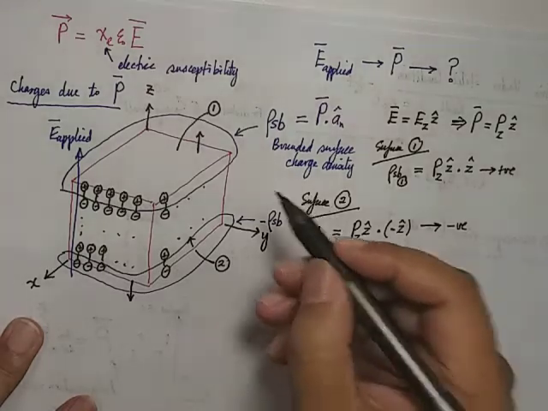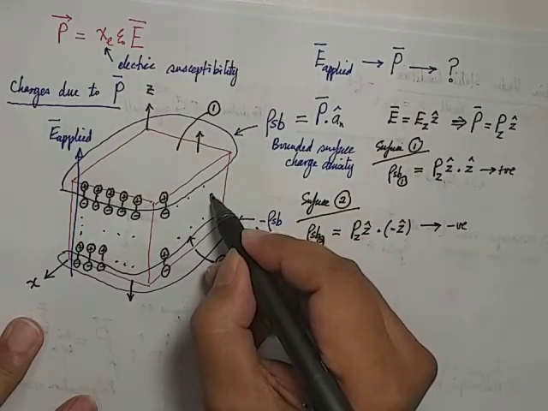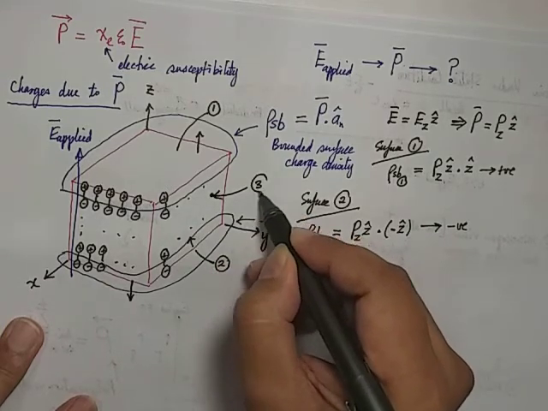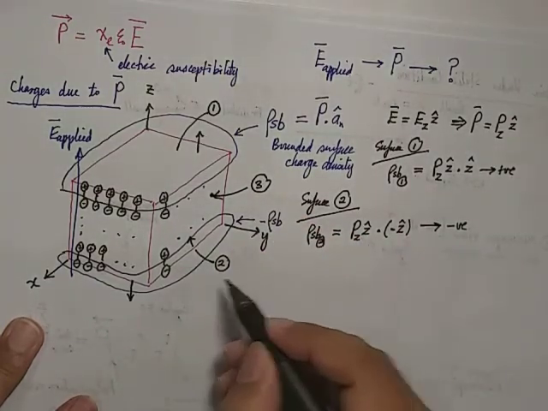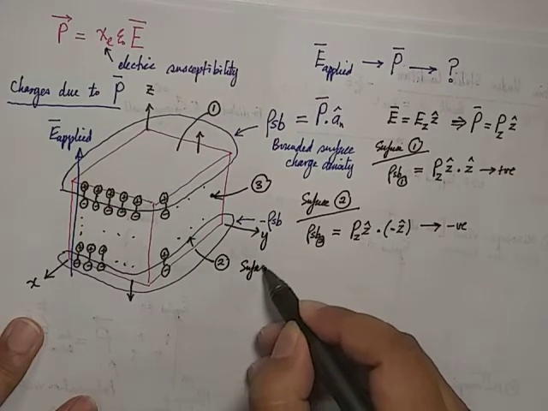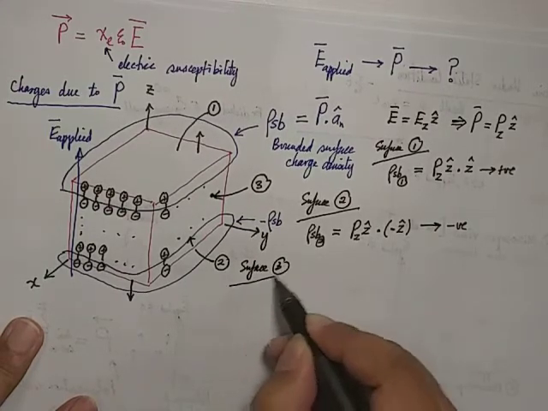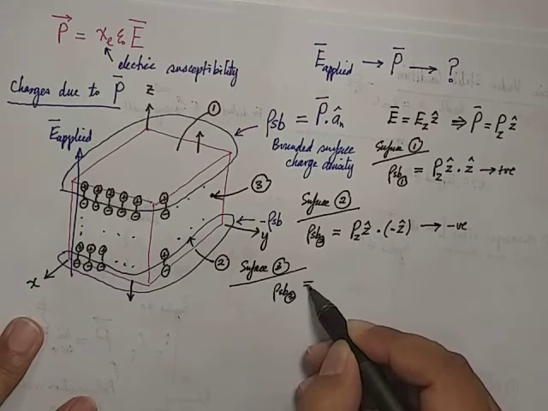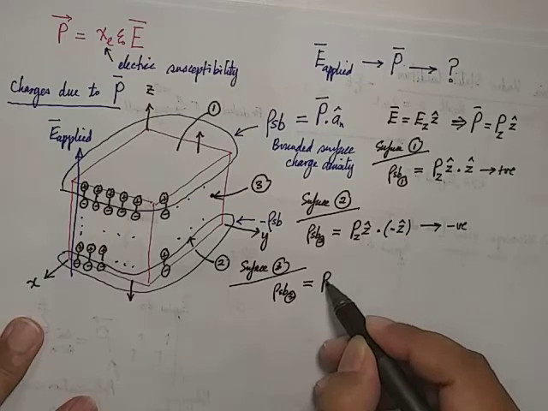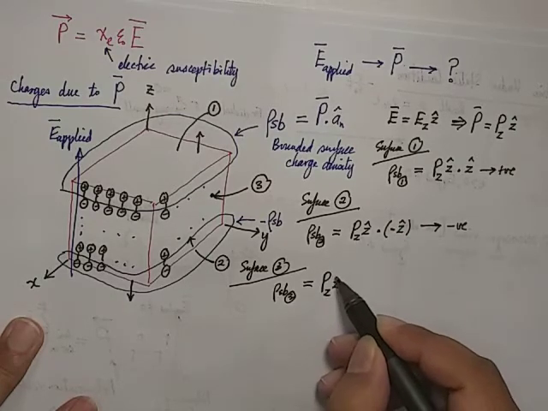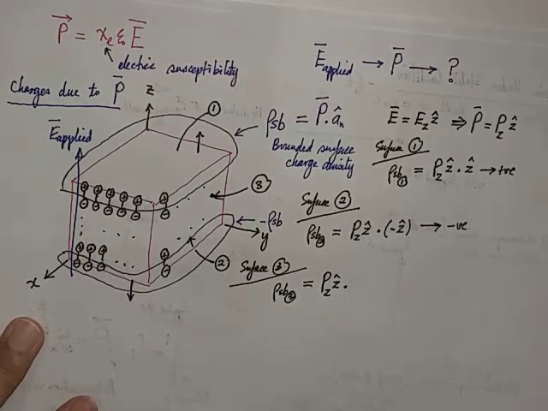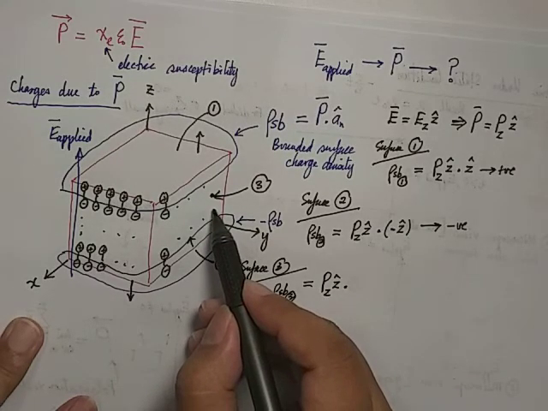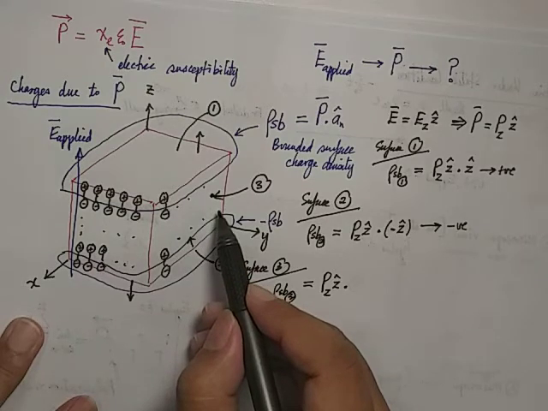So now let's try the last surface, this particular side area here, surface number 3, to make it complete. For surface number 3, rho SB3 should be equal to P, still the same, because the same polarization vector exists in the dielectric. But now a_n should be the unit vector normal to surface 3 but pointing away from the dielectric.